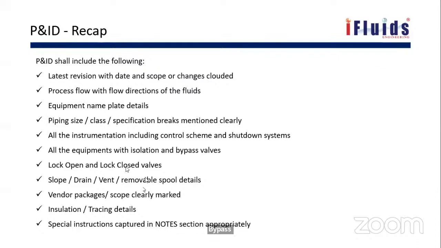This is because a few valves are always to be kept open, and a few valves will be kept closed and used only during emergencies. So such valves should also be clearly mentioned. Slope of the lines that we already saw, vendor packages, insulation and tracing details. All these details are mentioned in P&IDs.